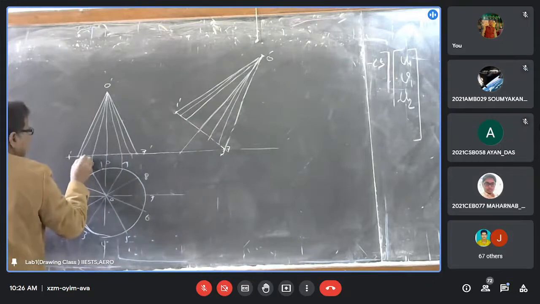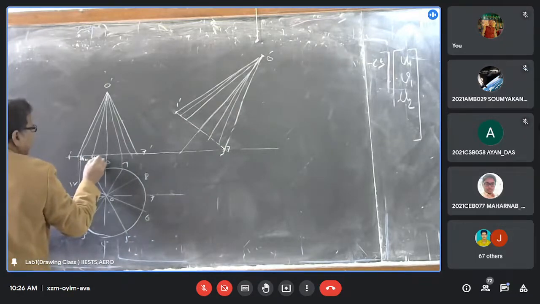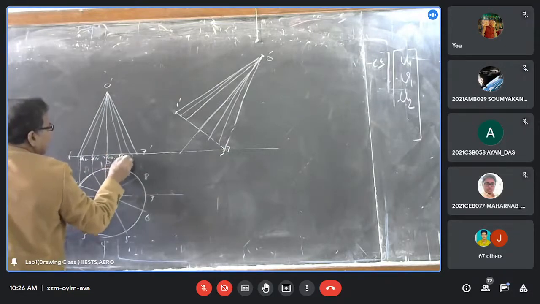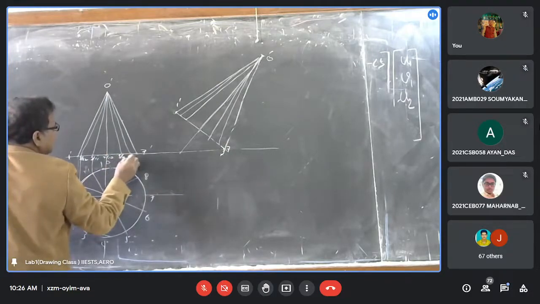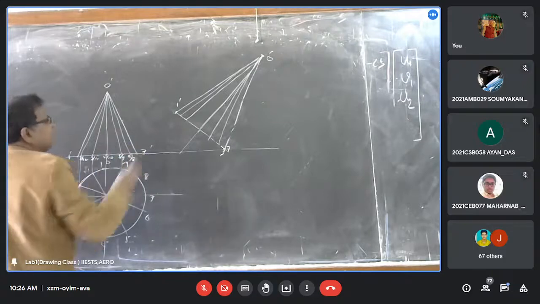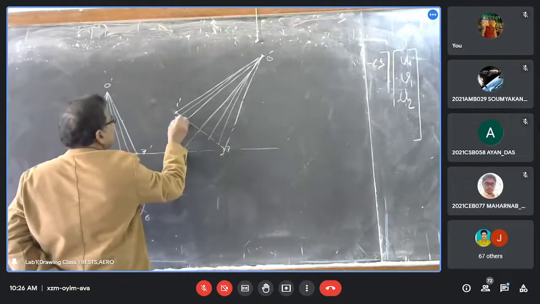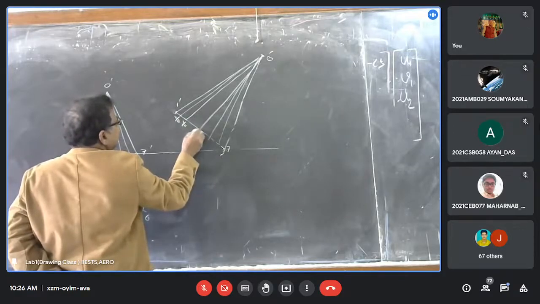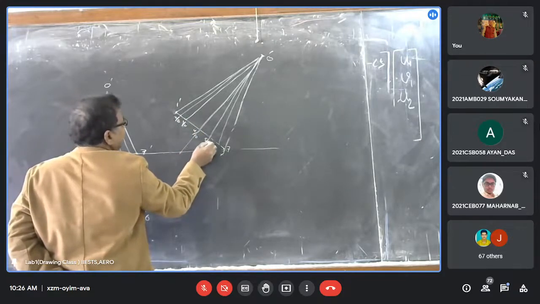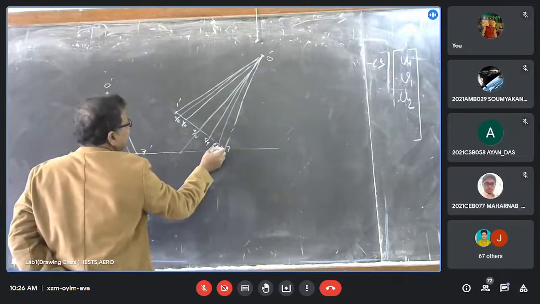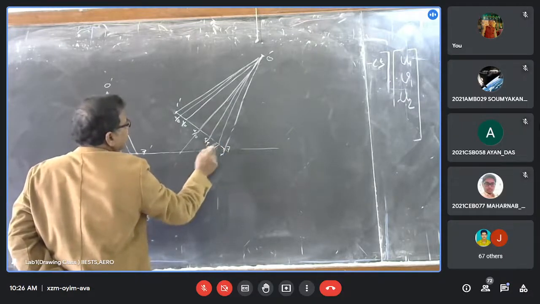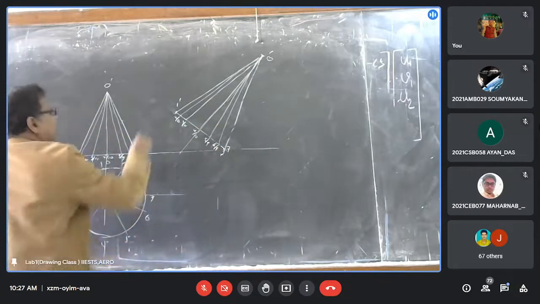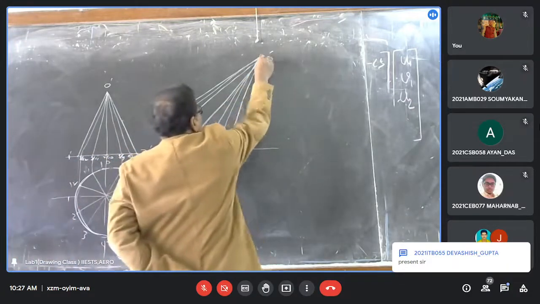This is 2, 12, C11, 14, 5, 9, 6, 8, and 7. Here also, this is 2, 12, C11, 14, 5, 9, 6, 8. Okay. Now draw the vertex.